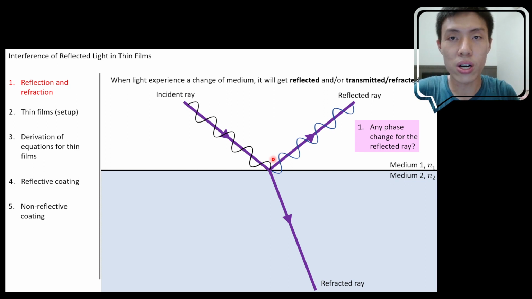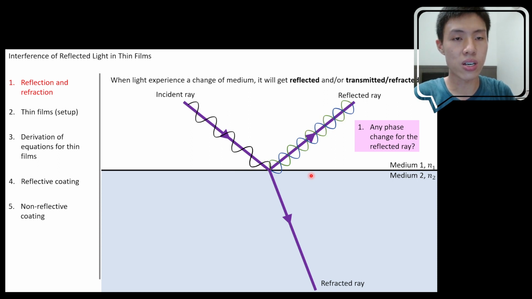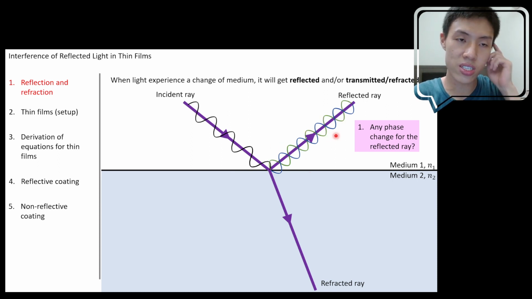If it comes out as a crest, there's no phase change. If it comes out as a trough, there's a phase change. You need to consider this, because if there's a phase change, then you talk about situations where the waves are in phase or anti-phase, and things get a little more complicated. So the first thing to consider is whether there's any phase change when light is reflected off a boundary. These are two possible options I'm showing here.